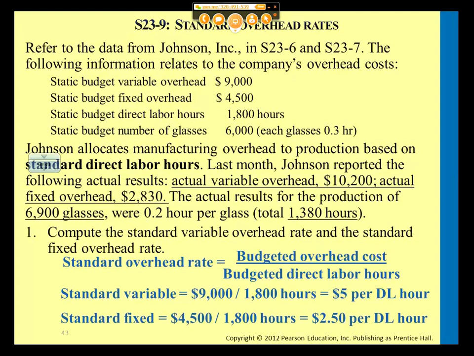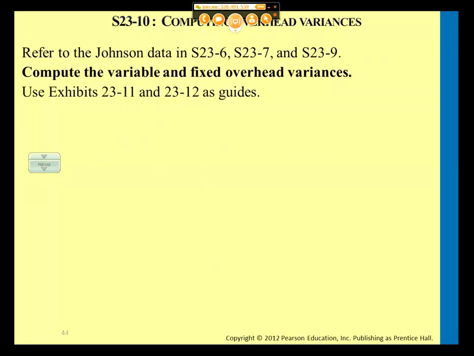Okay, so we talked a little bit ago about all sorts of variances, and that they have the spending and efficiency variance. So how do we put this together to practice? Let's look at problem 23.10. The problem is going to be based on everything we've done up to now. So use the data from 23.7 and 23.9, the two previous problems.